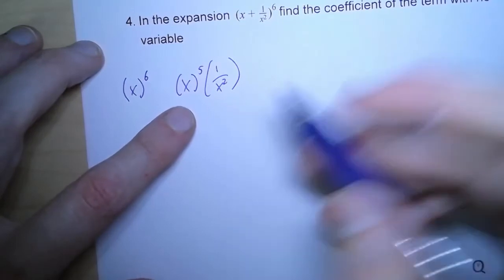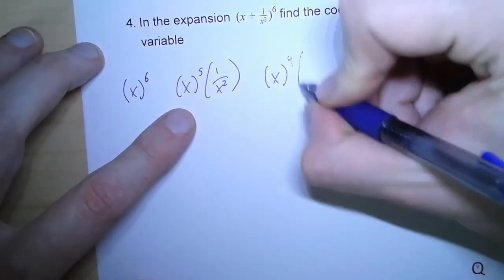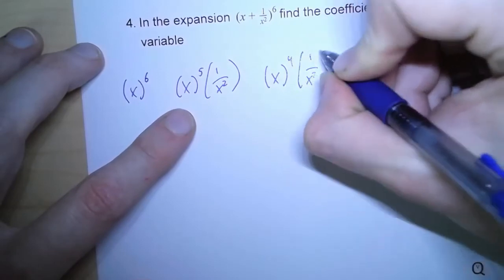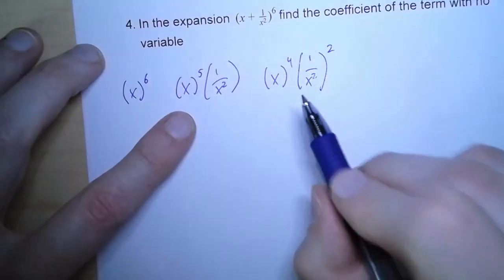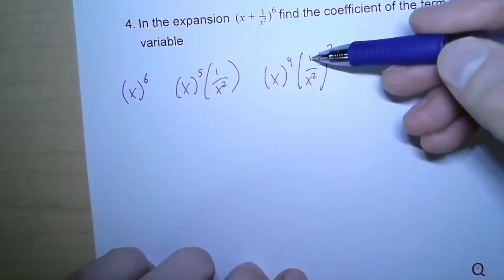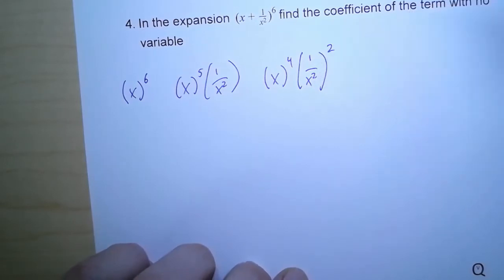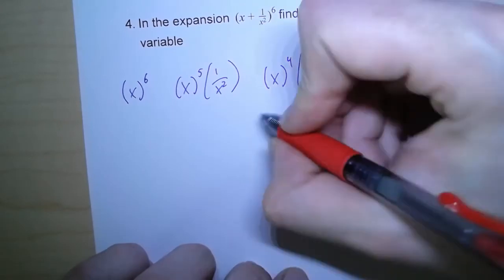Nope, that will still have a variable. So in the next one, we have x to the fourth times 1 over x squared quantity squared. That's going to work for us because we have x to the fourth, and 1 over x squared is being squared, so that means it's going to be 1 over x to the fourth. So this is the term we want.